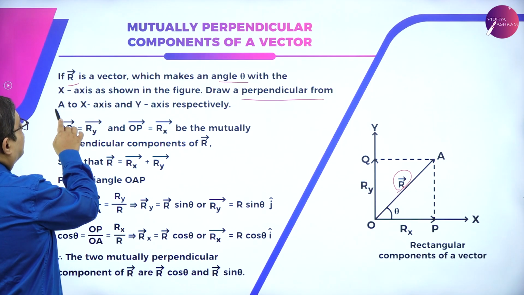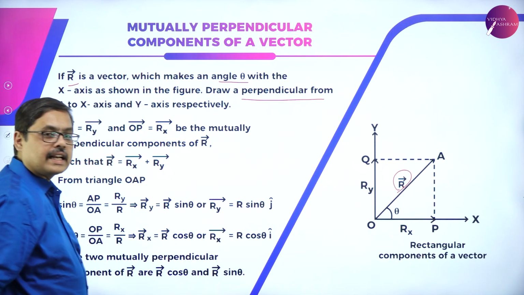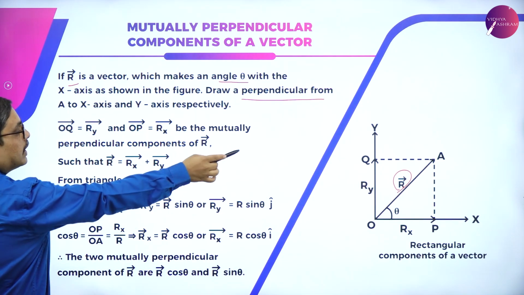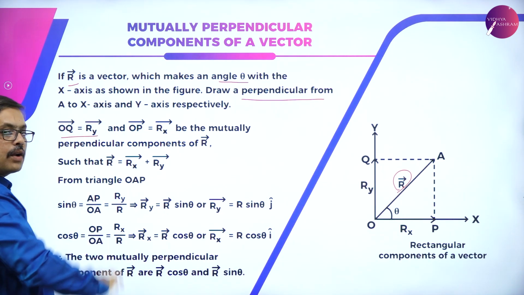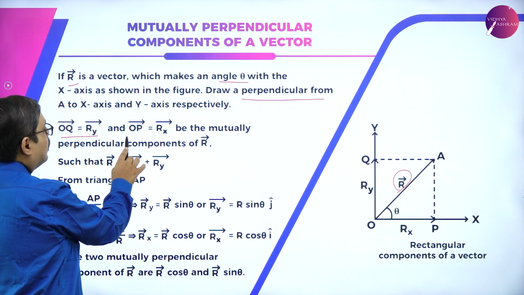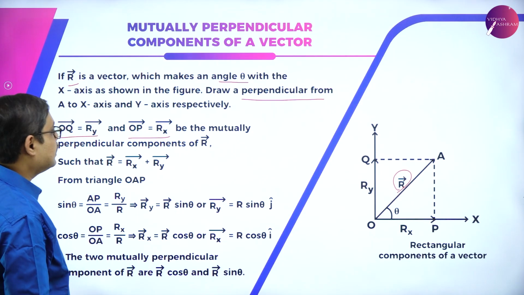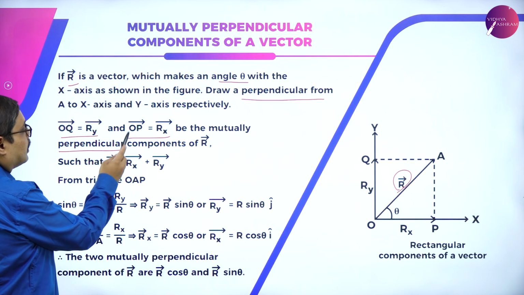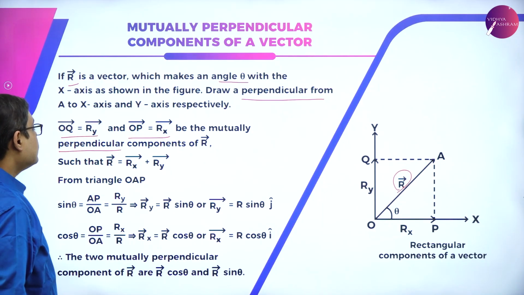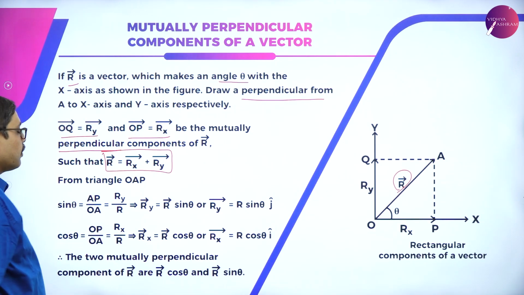Draw a perpendicular from A to the x-axis and to the y-axis respectively. What will this be? The line OQ represents vector Ry, or the component of R in y direction. OP represents the component of R in x direction. They are mutually perpendicular components of R. So, vector R is equal to Rx plus Ry.